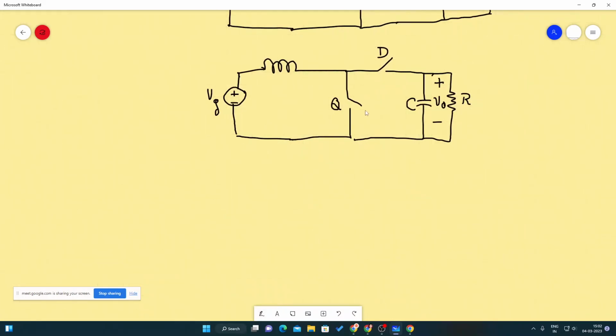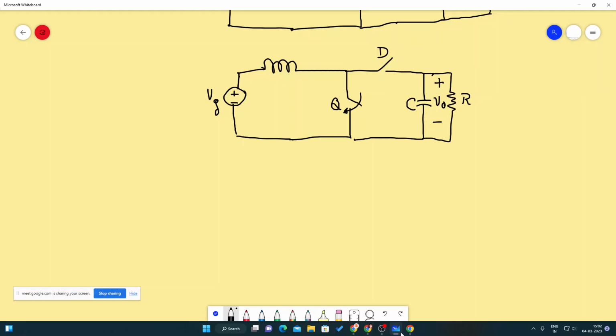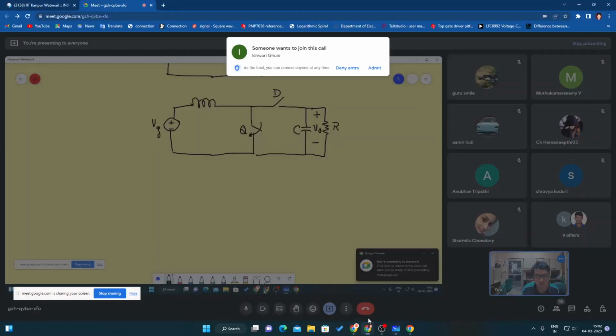So when the switch Q is on, the diode will be off, right? When the switch Q is on, what will be the circuit?